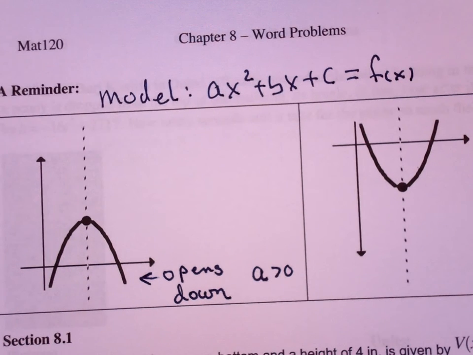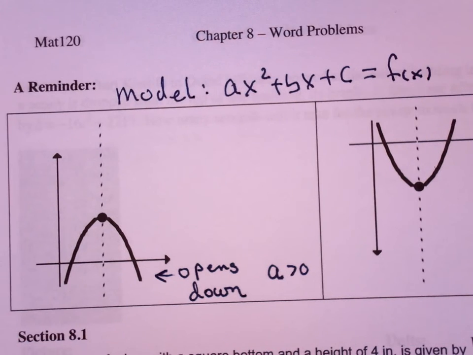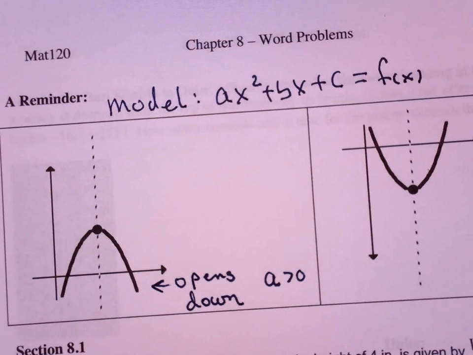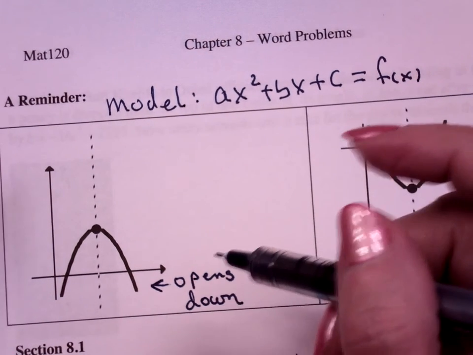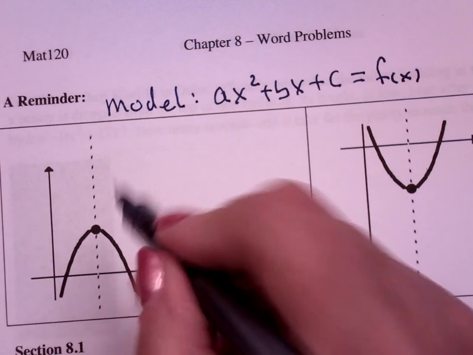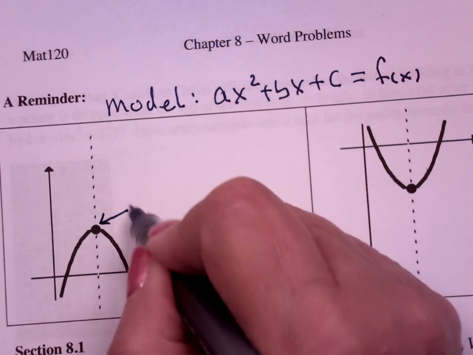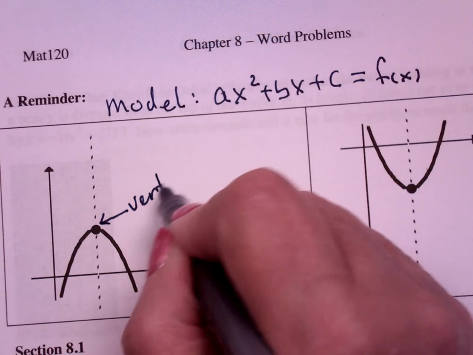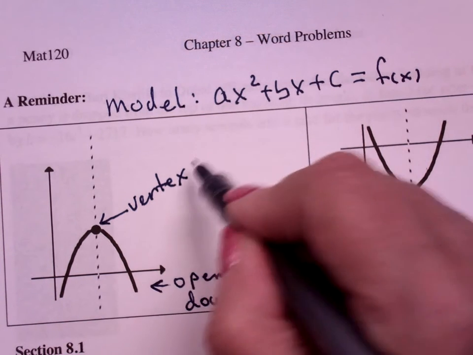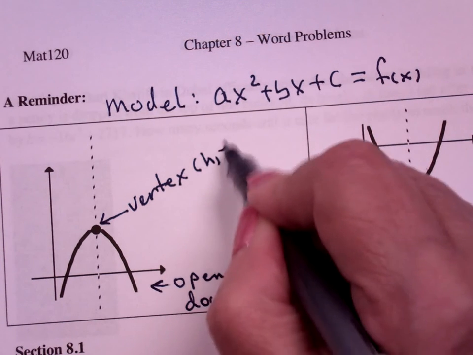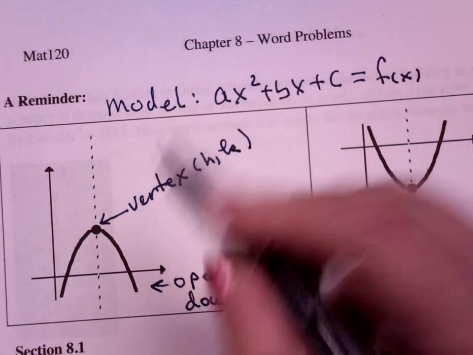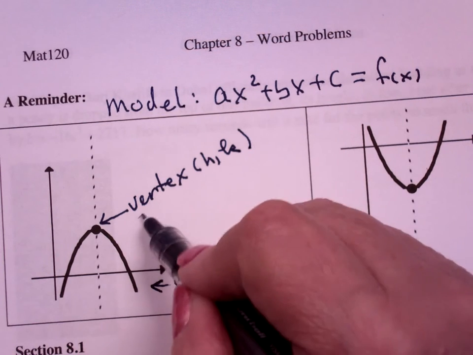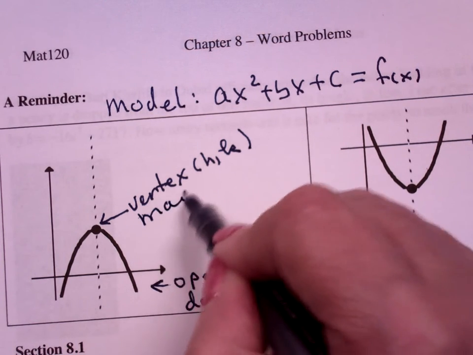So that's going to be our mathematical model. If it opens down, it's a U-shaped graph that opens down, and it's got a vertex. The vertex we labeled as h comma k. And also, if it opens down, it's got a maximum.